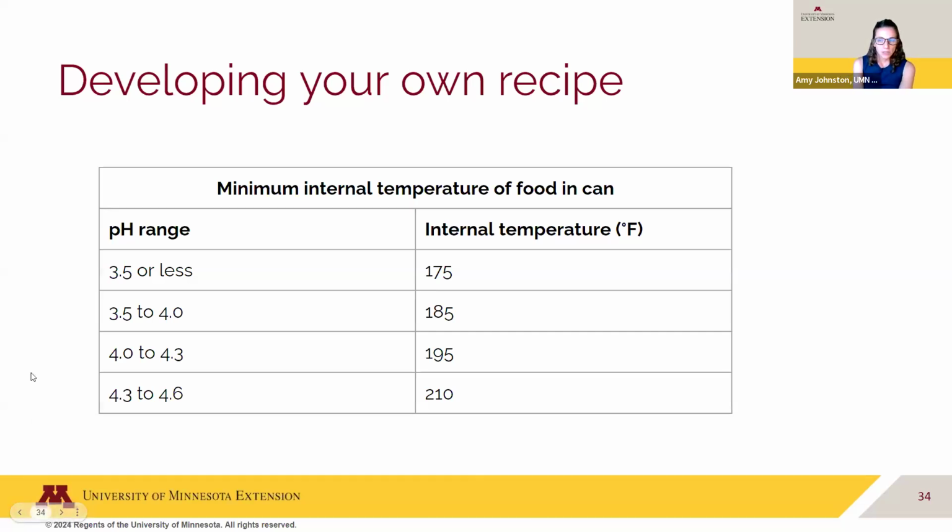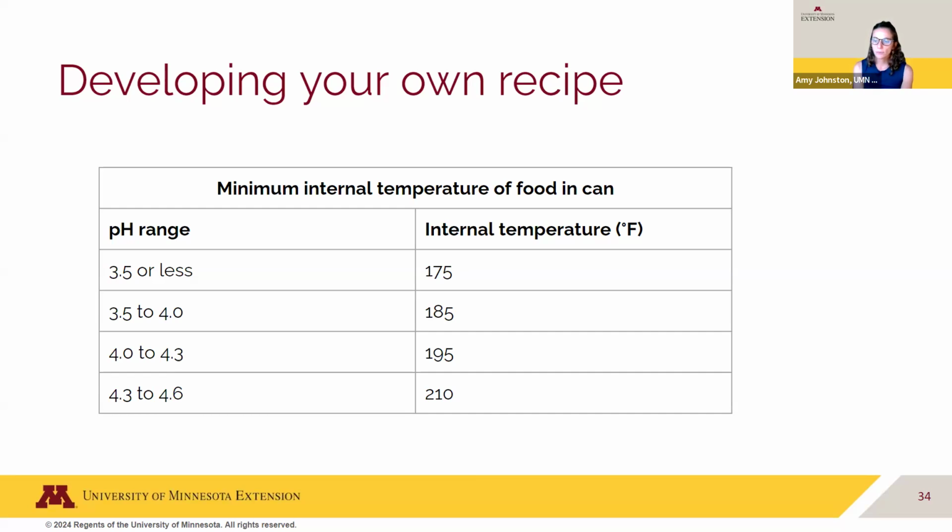Some information that you will likely need to know, if you are developing your own recipe and trying to work with a lab on determining that processing time for your acidic and acidified foods: the internal temperature of the food is going to need to reach a certain degree. That temperature is needed to inactivate pathogens and also make sure that the vacuum is properly sealing.